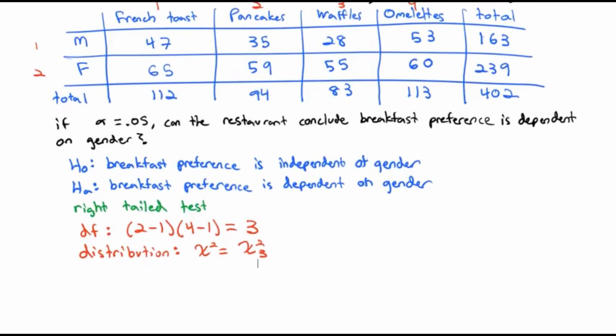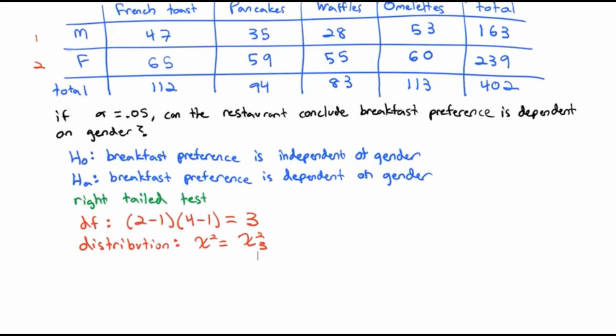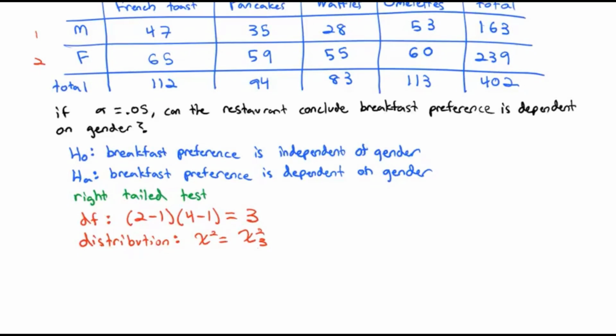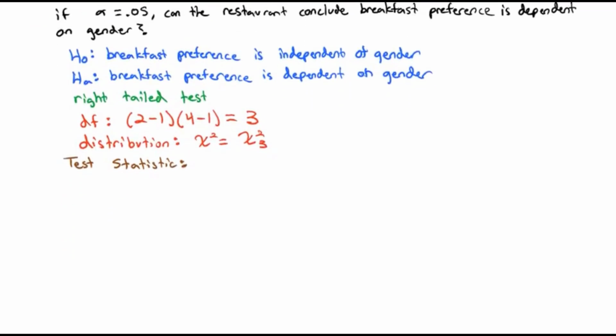Then let's see if we can calculate our test statistic. To calculate the test statistic, we first need to make another table of our expected values. So for our expected values, we'll do the same table, male and female.